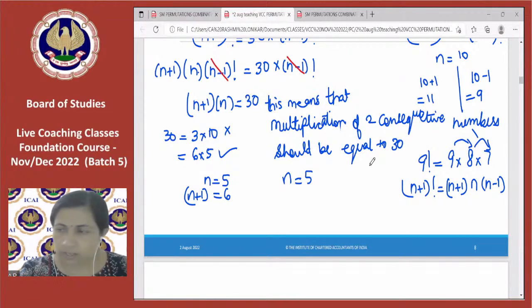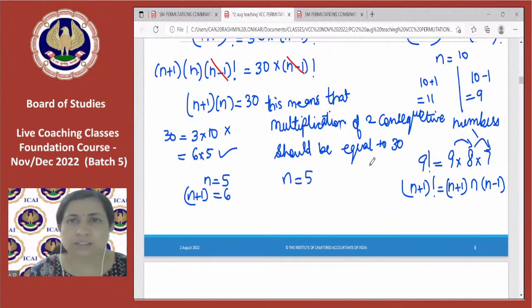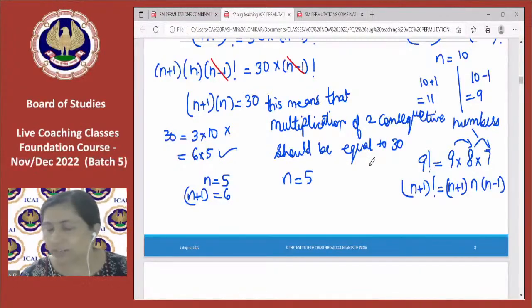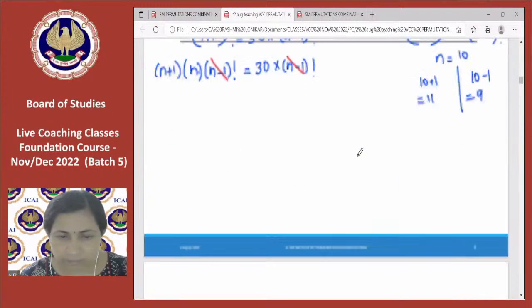Okay. And please use the same calculator from now till the exam. Okay, don't change the model. Otherwise, you will have difficulty in understanding where the plus sign is, where the multiplication sign is. You know, every calculator has a different format. Okay.